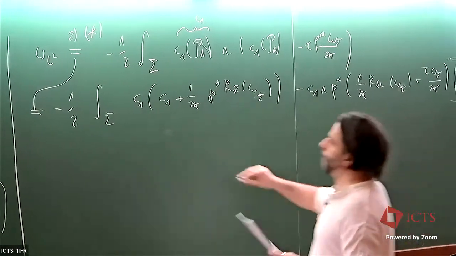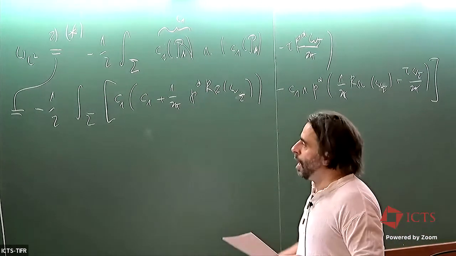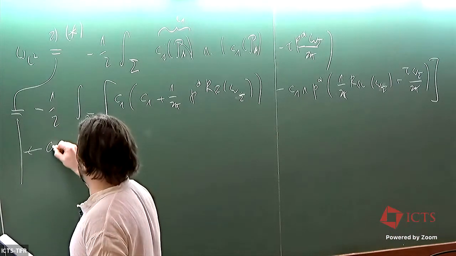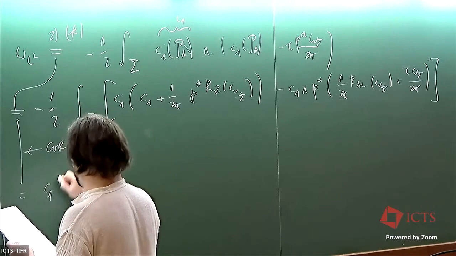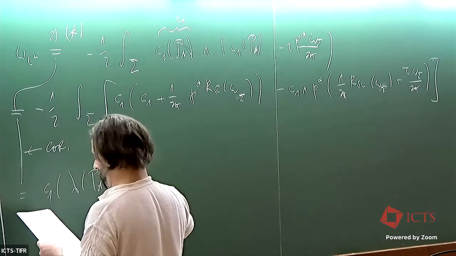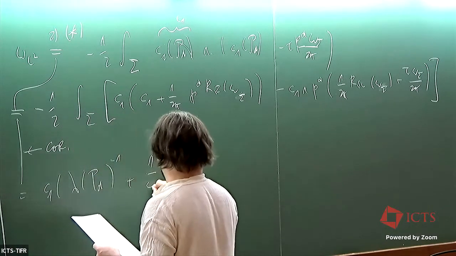Yeah. Okay. And now I'm using here this corollary. I'm going to write this like this. I'm going to say that this is just C1 of lambda of PD minus 1 plus.